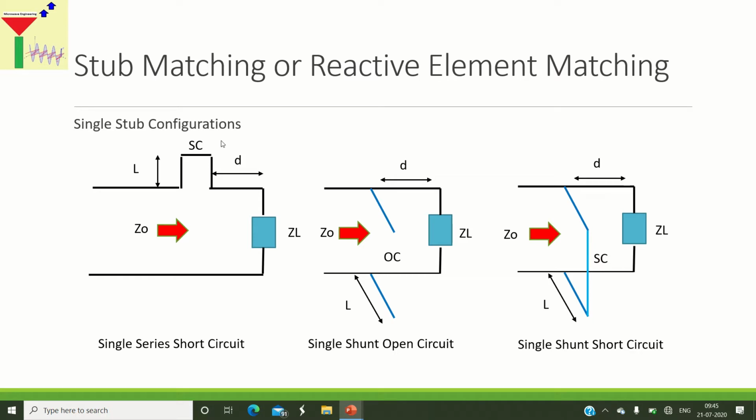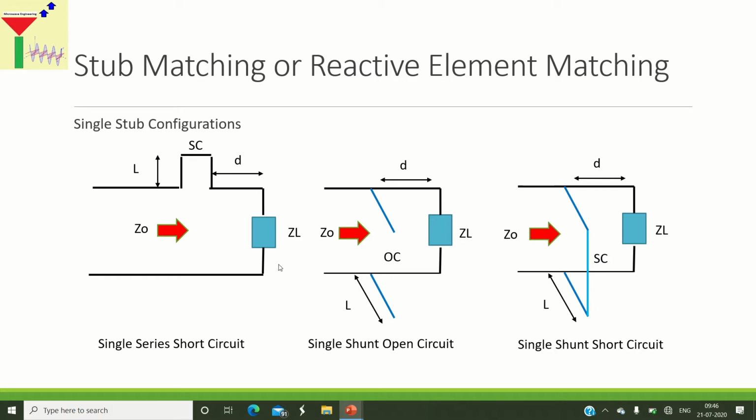So the first diagram clearly indicates that a stub is placed in series with the load impedance. That's why it is called a series stub, and we have used a single such stub, so it is called a single series stub. And this stub is short circuited at the end, so the name of the configuration is single series short circuit stub.